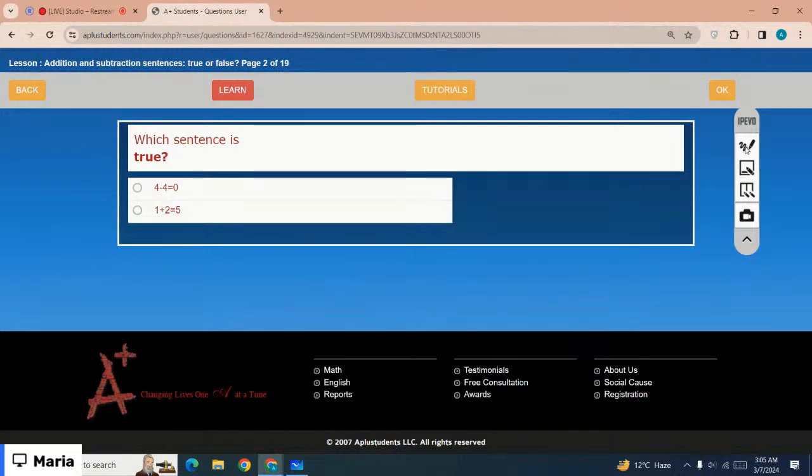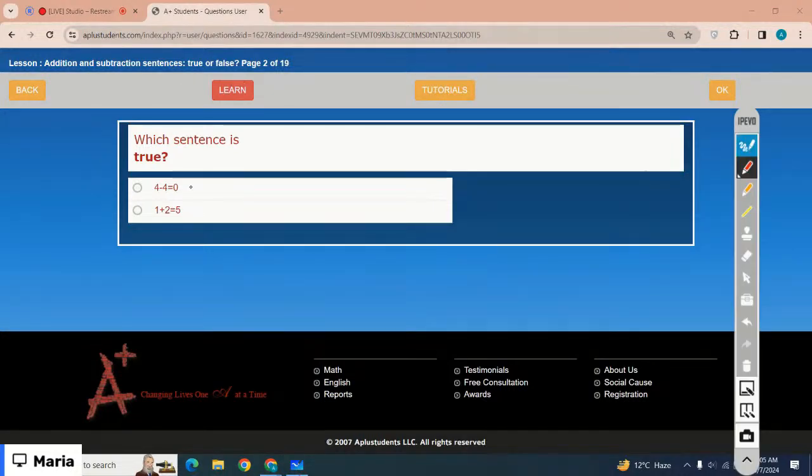Because 4 take away 4 is 0. The second one is not true because 1 plus 2 is not equal to 5. 1 plus 2 is equal to 3. So option number 1 is the correct option, that is 4 take away 4 is 0.